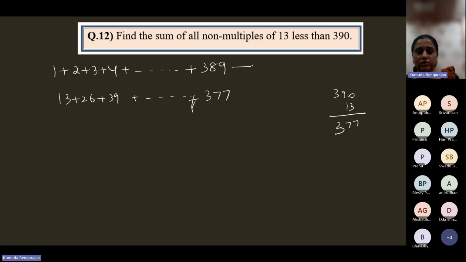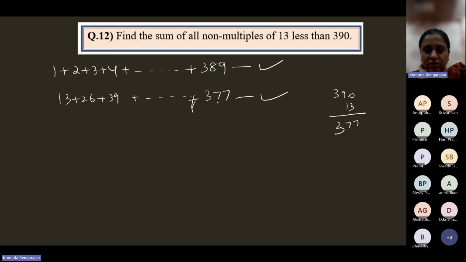So first find this one, which is the sum of all the natural numbers less than 390. Then find this sum, which is the sum of all the multiples of 13 less than 390.